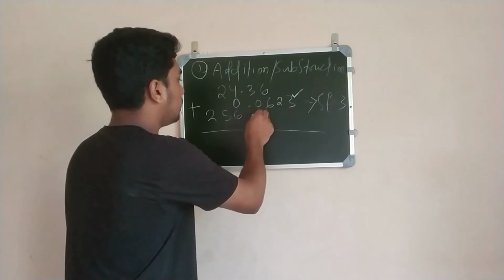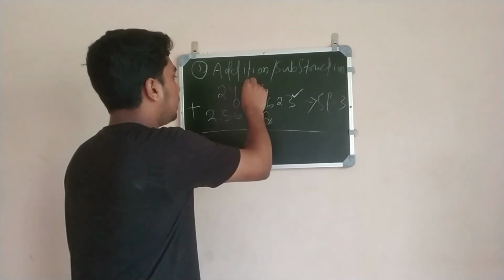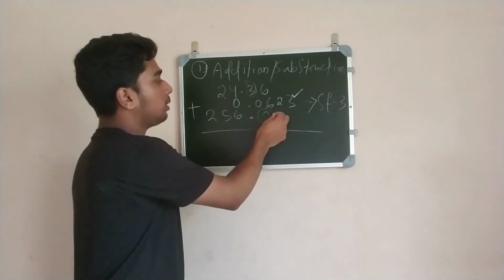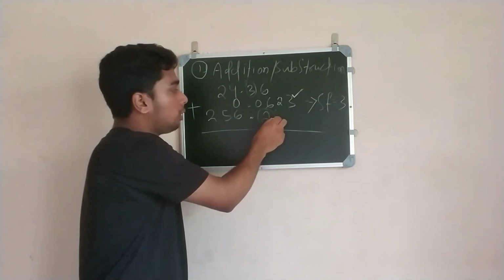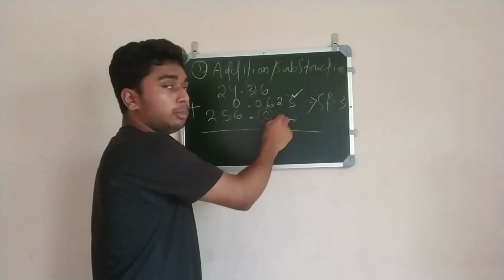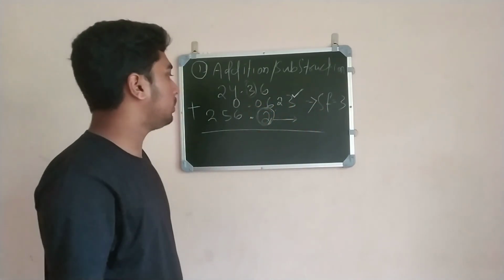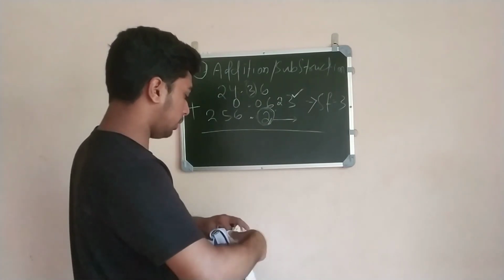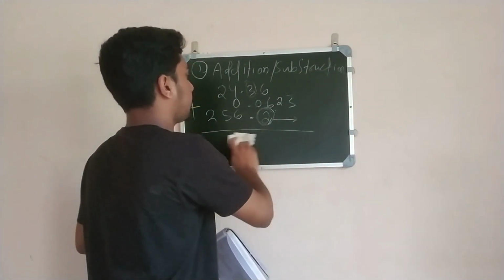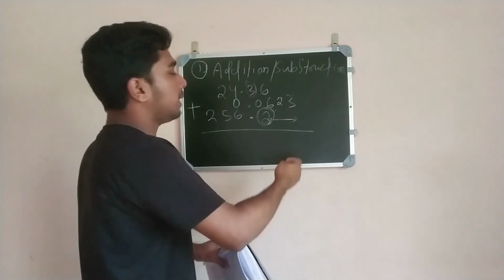So in this case, just keep the first, because after 2 we don't know what is in between. So I just round up the number. It will be up to 1 decimal place.